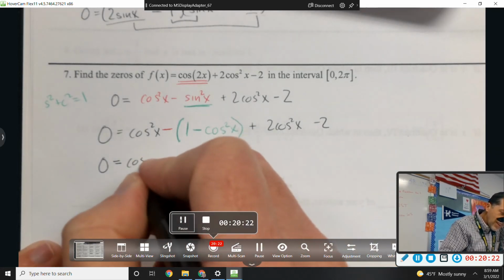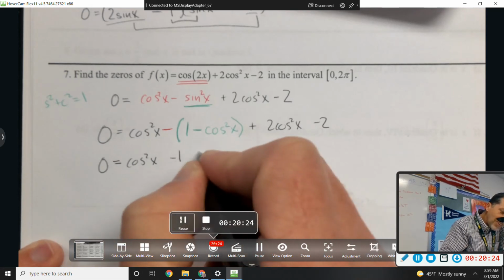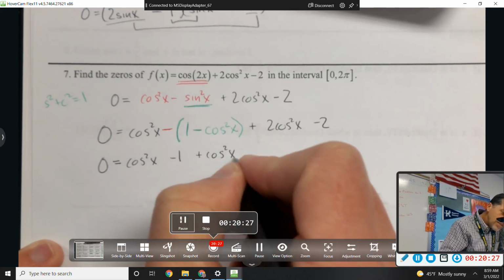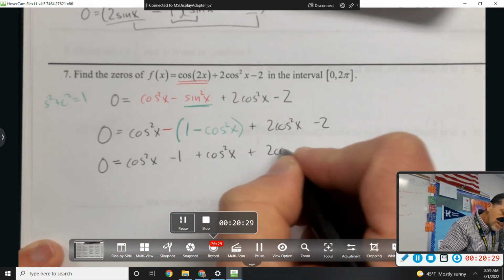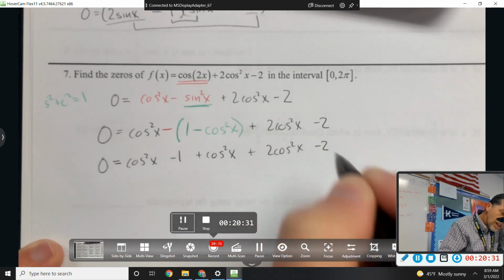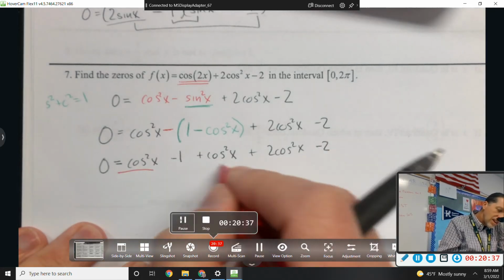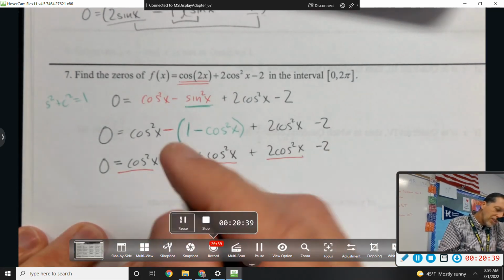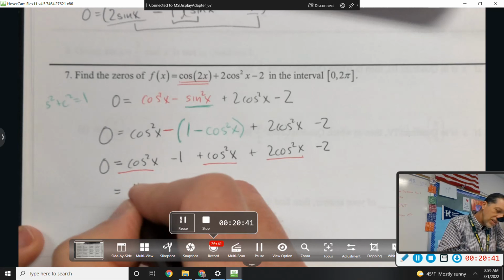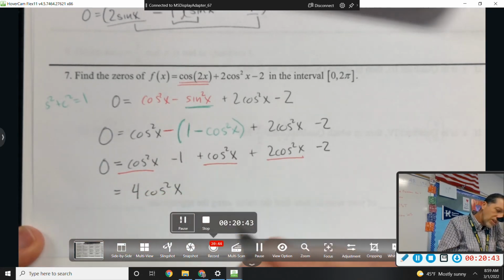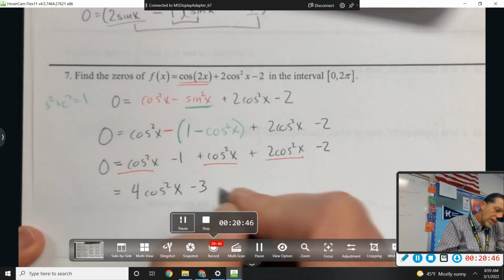I'm not convinced that's a good idea, though. So I'm going to take the time to distribute the minus sign. Combine like terms. 4 cosine squared x minus 3 equals 0.